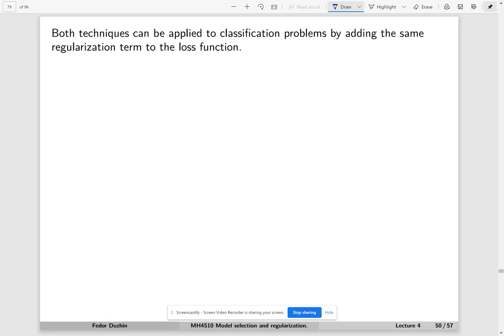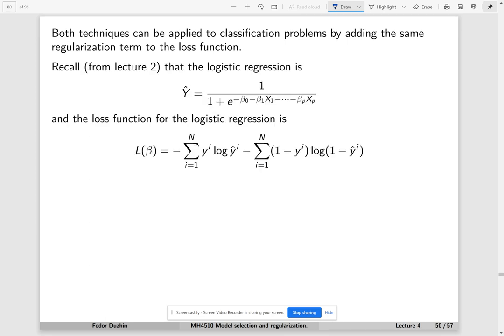Until now, I've been talking about regression problems, but without any change, we can apply these techniques to classification problems. Recall that for classification problems, we have logistic regression, and we have the binary cross entropy loss for the logistic regression.